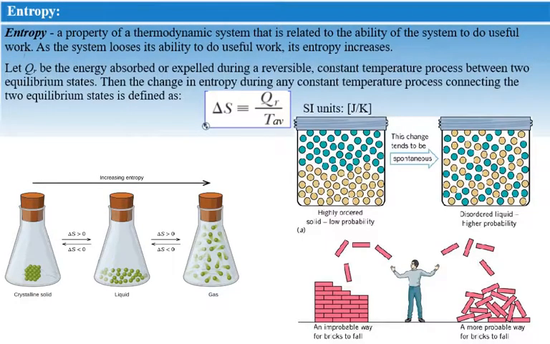So there is a useful thermodynamic variable called entropy, and a natural process that starts in one equilibrium state and ends in another equilibrium state will go in a direction that causes the entropy of the system plus the environment to increase for an irreversible process and to remain constant for a reversible process.